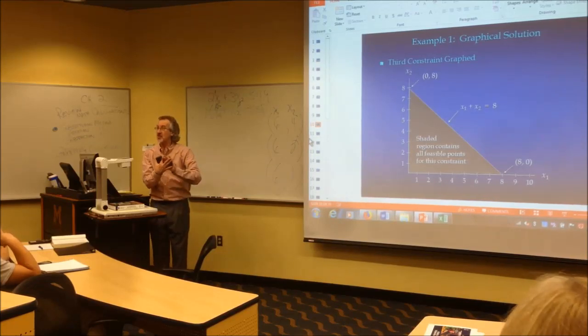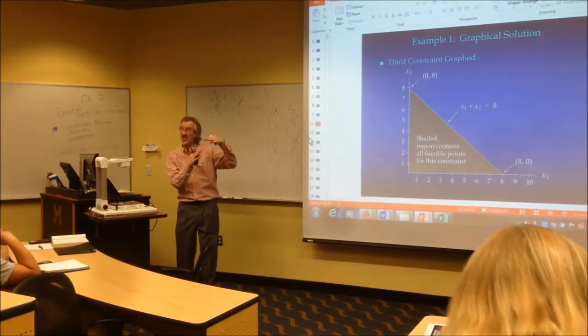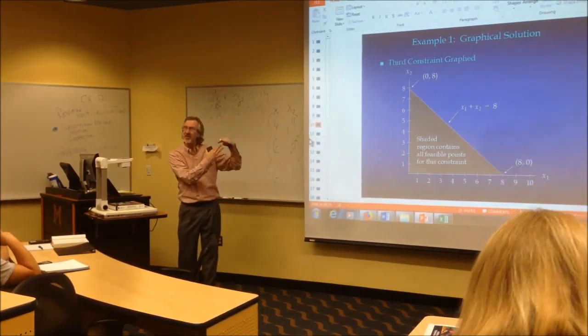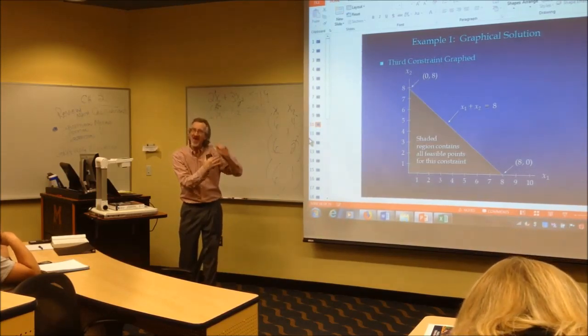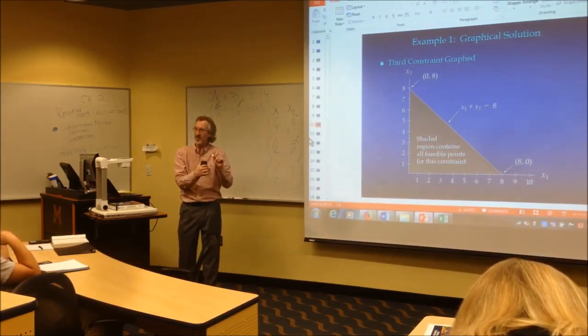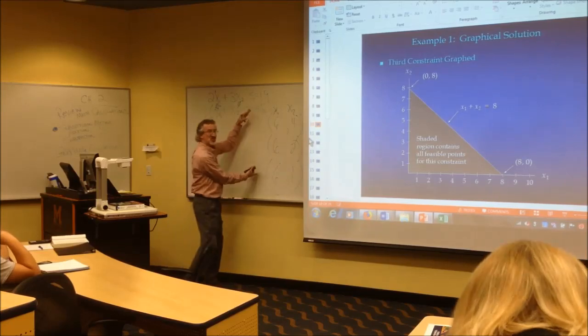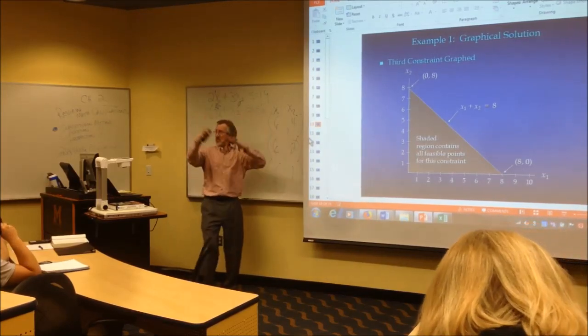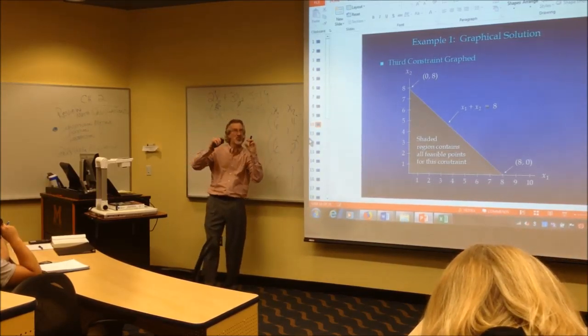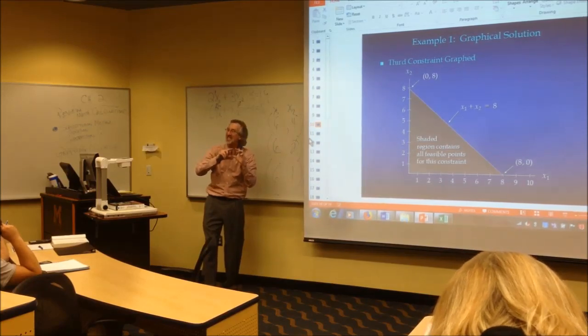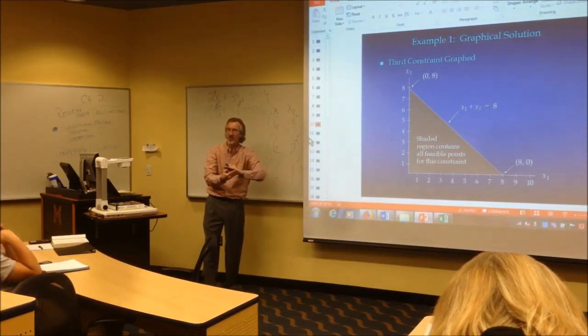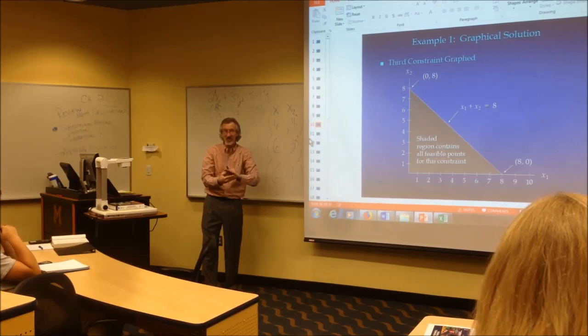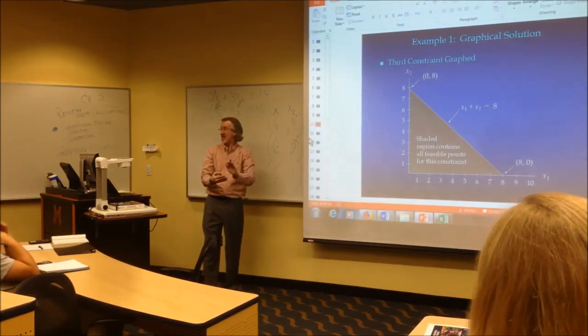Let me say that again, because there are places where 2 constraints will overlap, but it's only where every constraint's shading overlaps. Everybody hear that? If I have 6 constraints, there are going to be 6 shadings going on. That's why you want to do it lightly, because you're trying to find the area where all 6 shades overlap, all of them. And only the feasible answer is somewhere in that area.